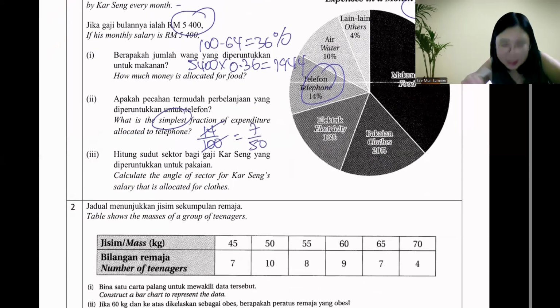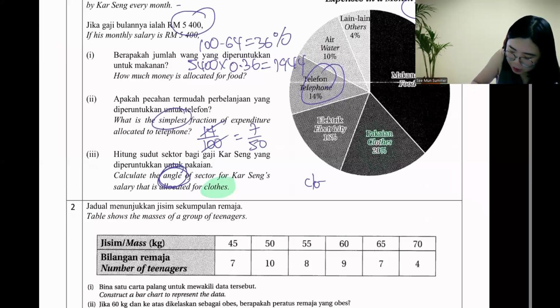Next, they say calculate the angle of the sector allocated for clothes. Now they want the angle, not the percentage. Clothes is 20%, or you can say 0.2.